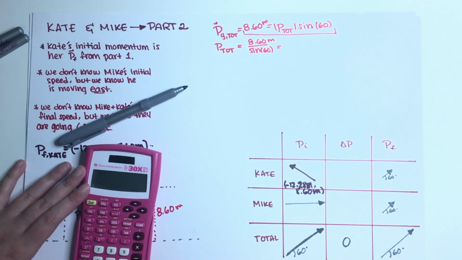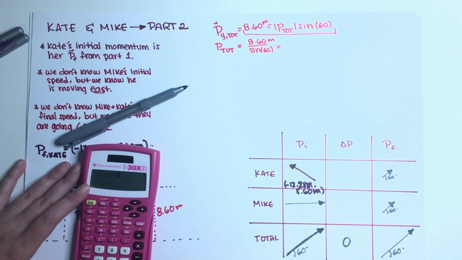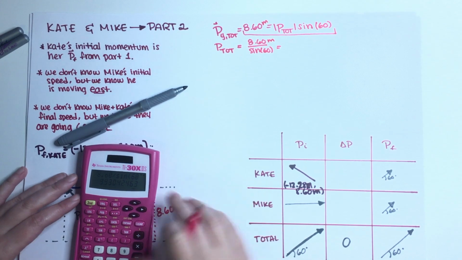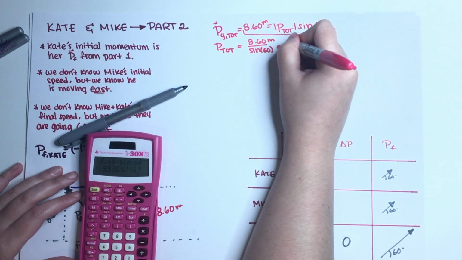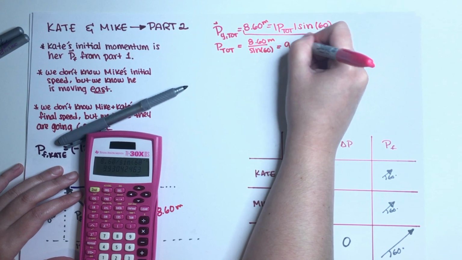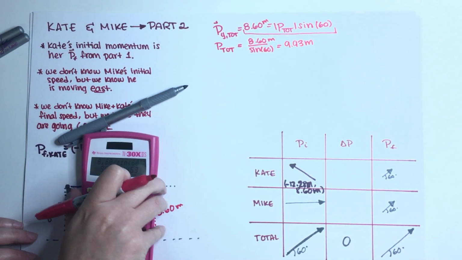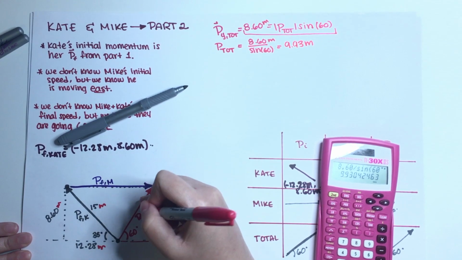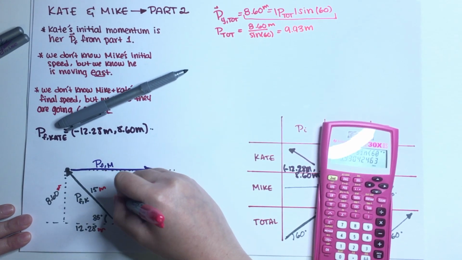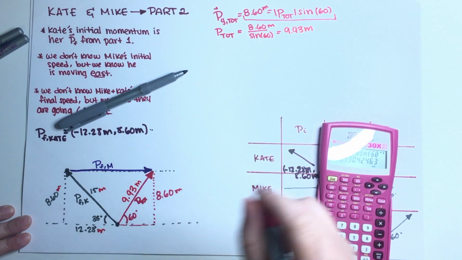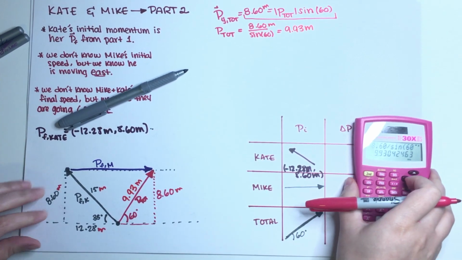So 8.60 divided by sine of 60 is equal to 9.93. So the total momentum magnitude is 9.93, times the m that we've just been dragging all along. So this magnitude right here is 9.93 m. There we go.